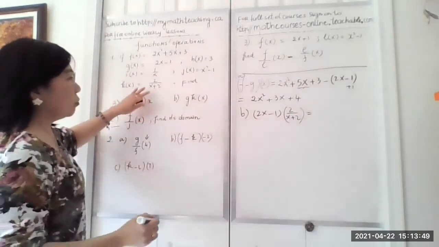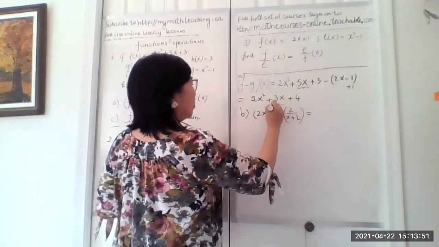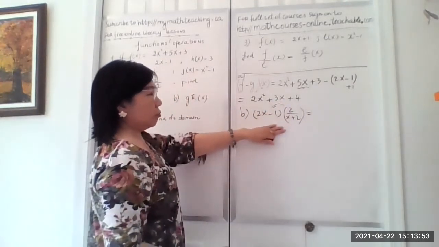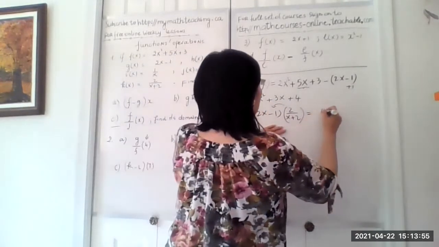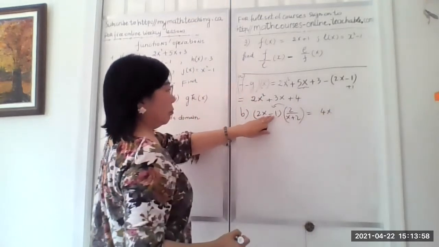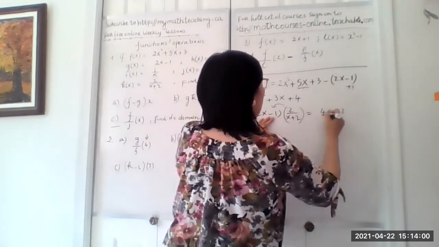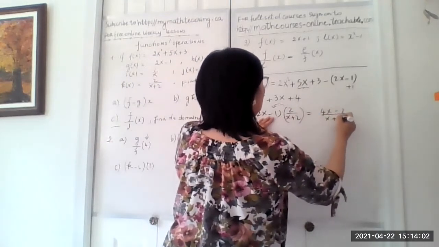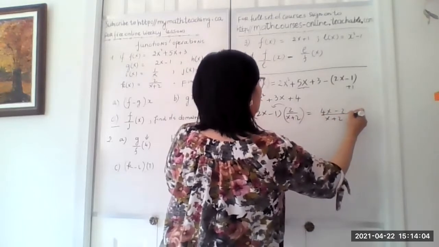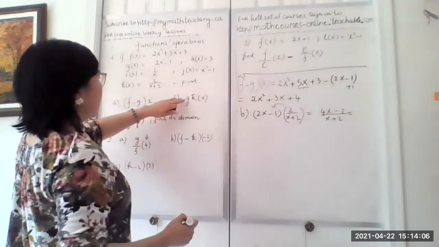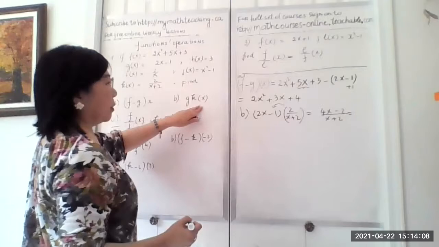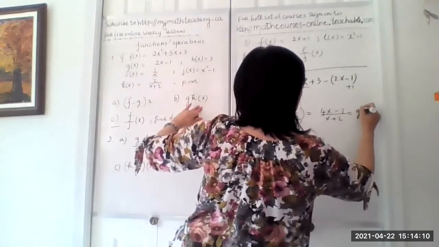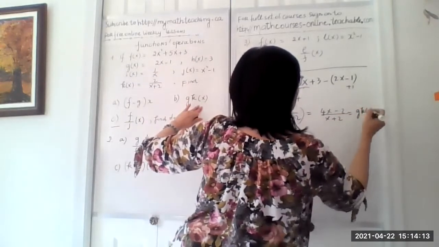Now, as a result, we always distribute to the top, right? The bottom stays the same. So we have 4x minus 2 on the top, and the bottom is x plus 2. This is the result of g times k of x, two functions multiplied together.